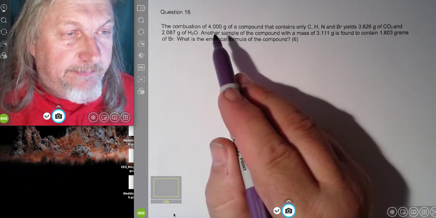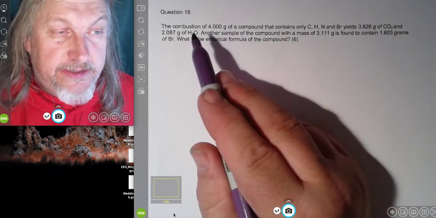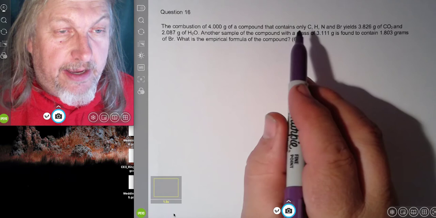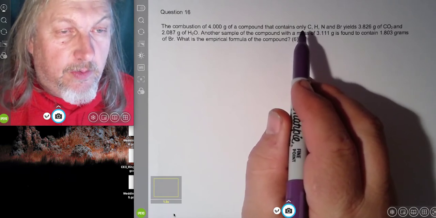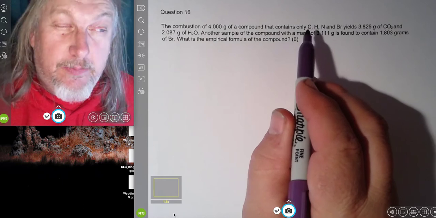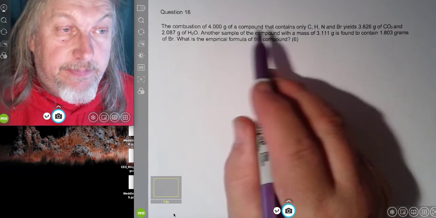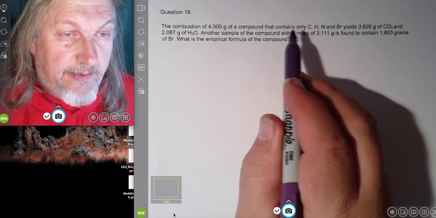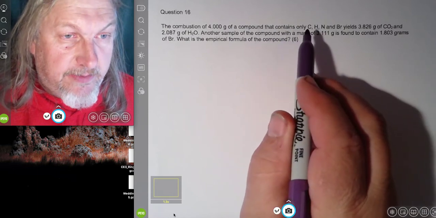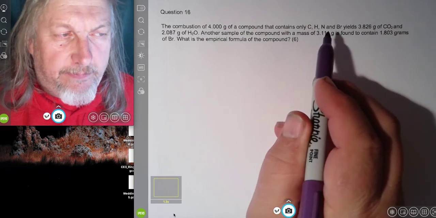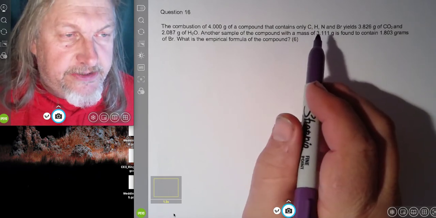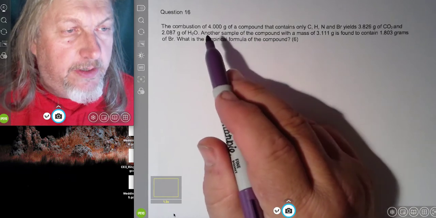We'll work through that. Let's separate these, because right now I can only get the number of moles of carbon and hydrogen. By doing that, I can get the percent of the compound by mass of carbon and hydrogen. I don't have nitrogen and bromine yet. There's not enough information, but let's read on.